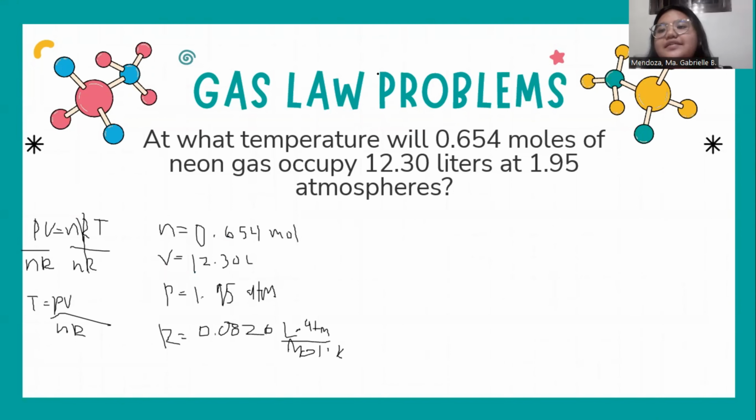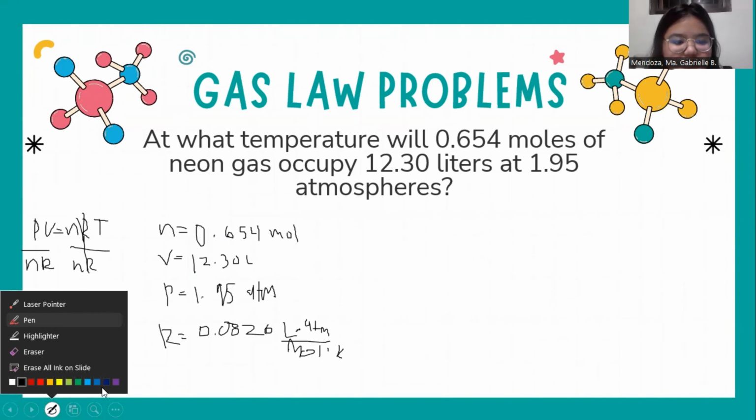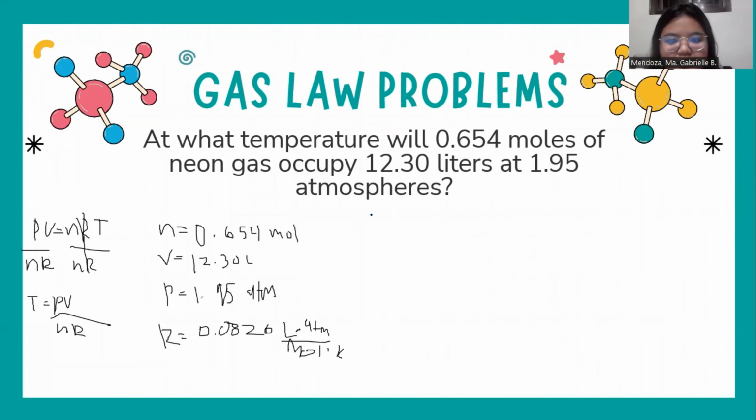So, since na-identify na natin yung given, kailangan na nating i-substitute yung mga given dun sa formula. So, that would be T is equivalent to pressure 1.95 ATM.